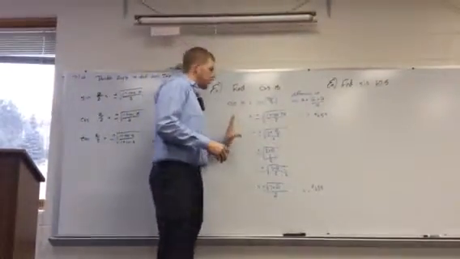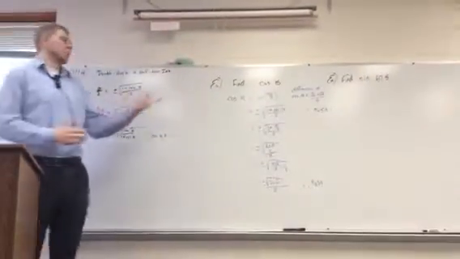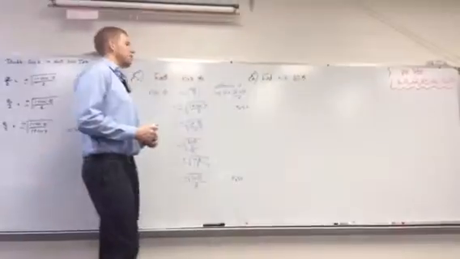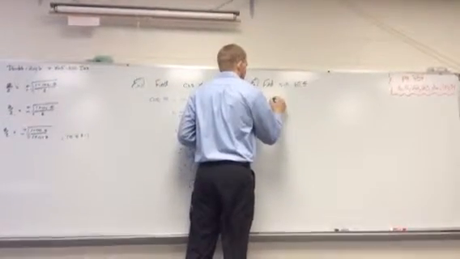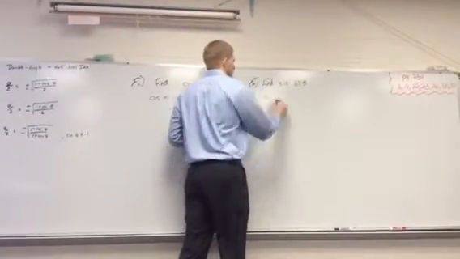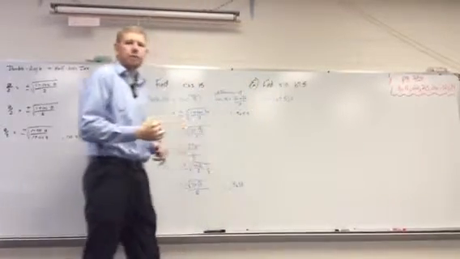Alright, so, any questions on this one? Alright, so next one, find sine of 67.5. Well, since we're doing half angle, sine of 67.5 is probably going to equal what?